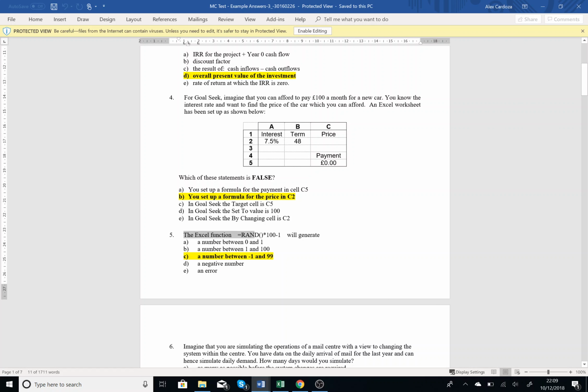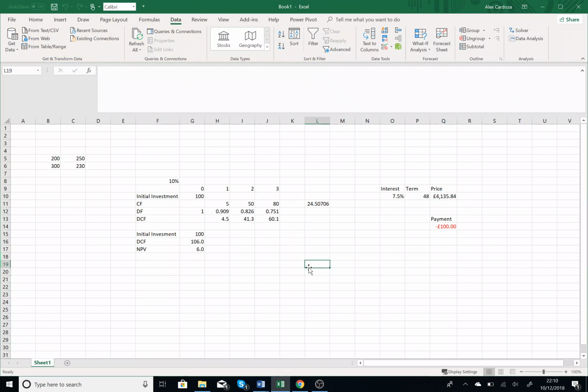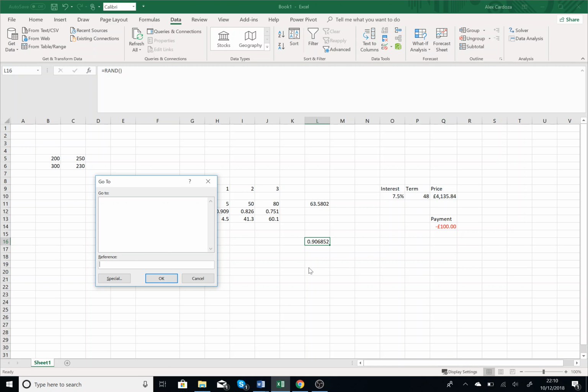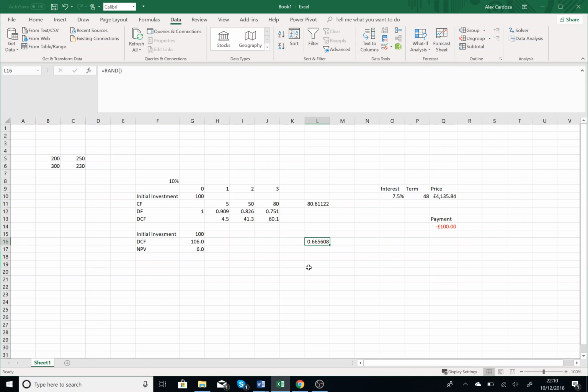You also wanted to understand what this is. So the RAND function here, what this function does is it looks at a number between 0 and 1. So if I put it in, equals RAND. This is it. See, if I just put it there, it will look at a number between 0 and 1.